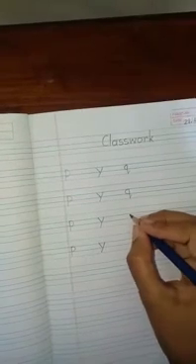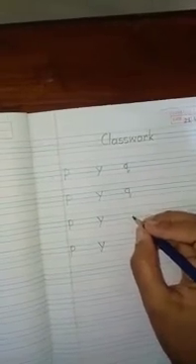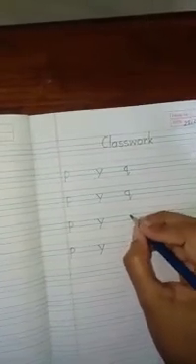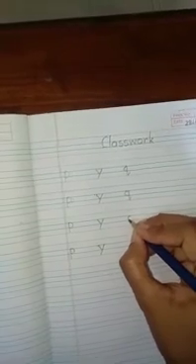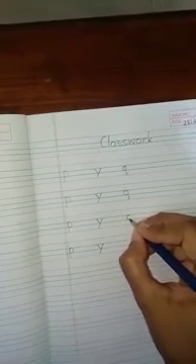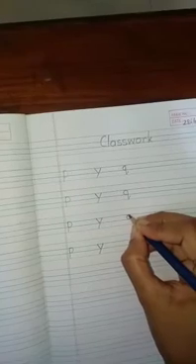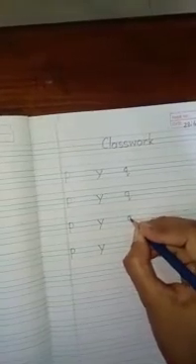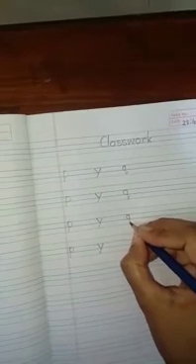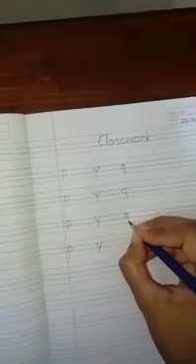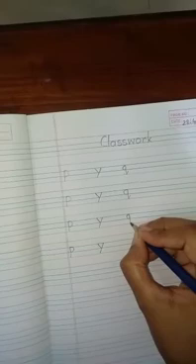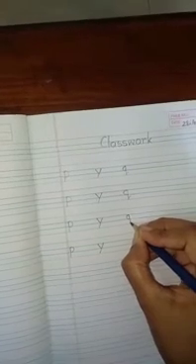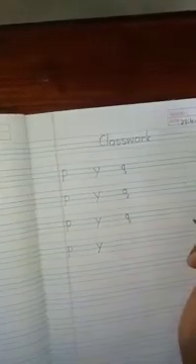In the next line, draw a curved line touching the lower blue line. Go upwards, touch the blue line, and then come downwards with a standing line to the lower red line, and then make a hooked tail like this.